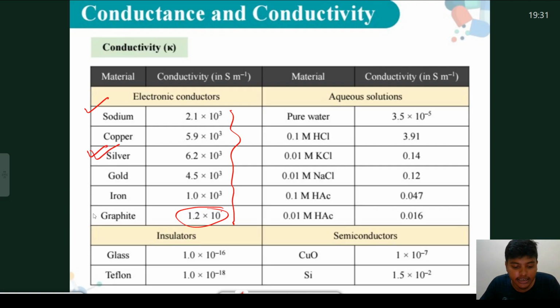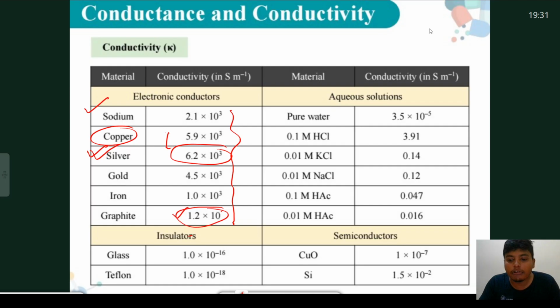Silver is the highest electrical conductor, with kappa value 6.2 into 10 power 3, 62,000, 6,200. Whereas graphite conductivity, you see this. Now coming to copper, almost close, so that's why we are using copper. Gold we are not using. Iron we can use, like in railways, and aluminum we are using.